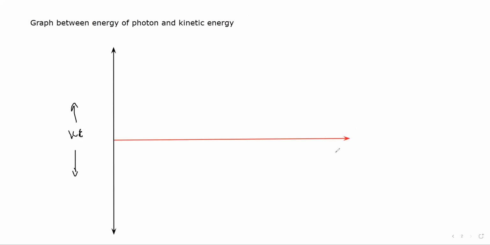What happens as we increase the energy of the photon? The electron will not come out at all energies. At a specific energy the electron will come out, and when we increase the energy of the photon further after that, the kinetic energy will also increase. So the graph will be a straight line.